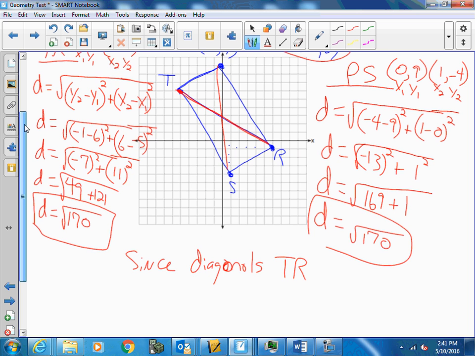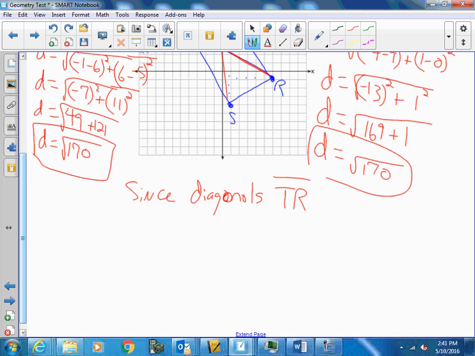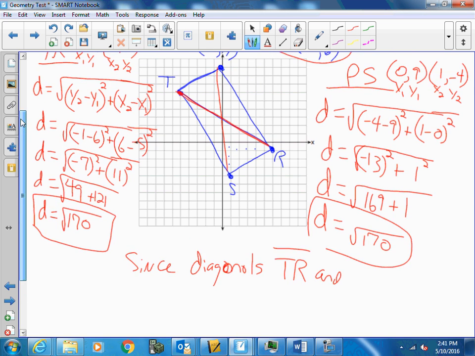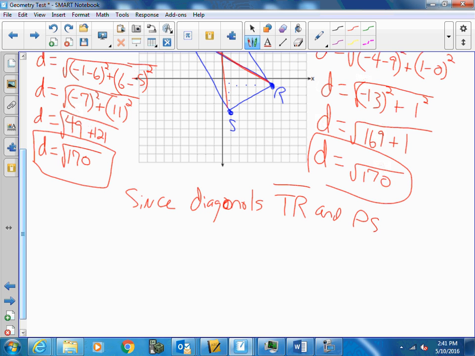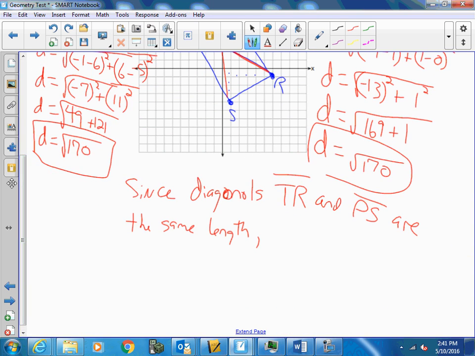So, since diagonals TR and PS are the same length, RSTP must be a rectangle.